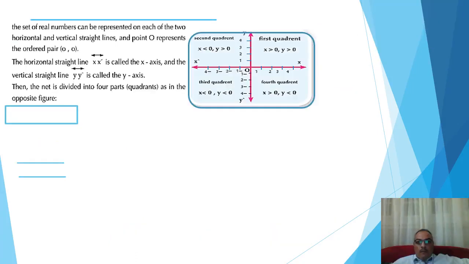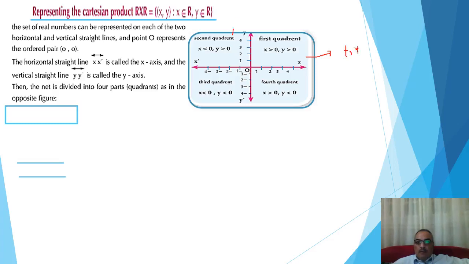Now we represent an infinite set like R, the set of real numbers, in the Cartesian plane. So we have the first, second, third quadrants. The first quadrant: x positive and y positive.